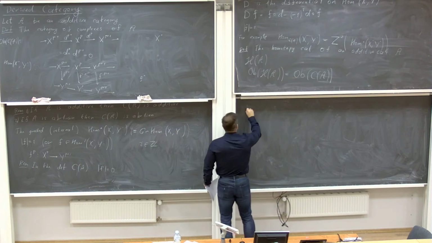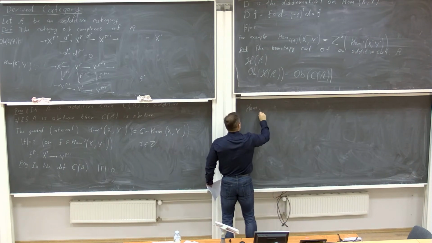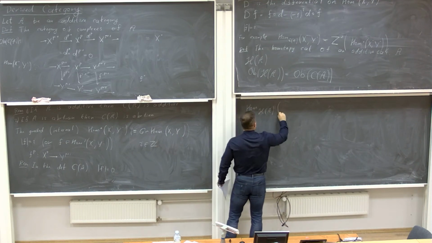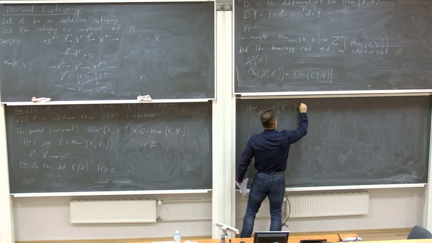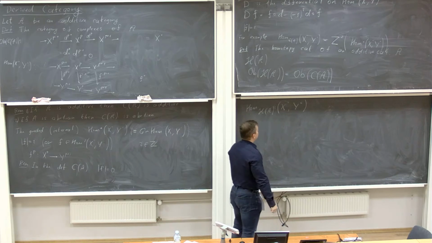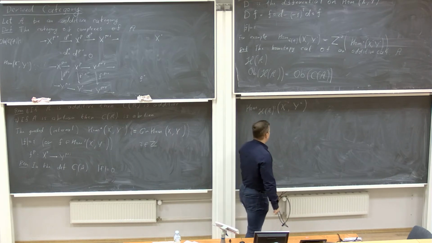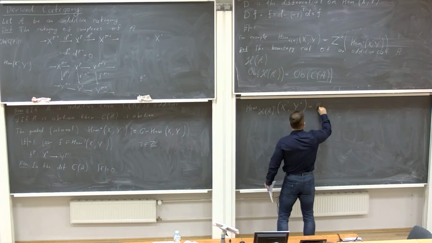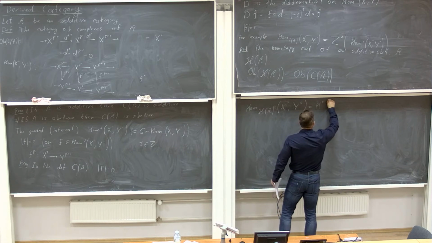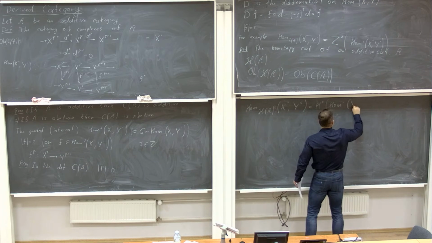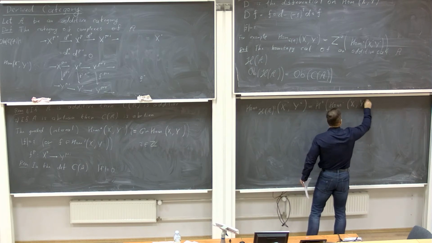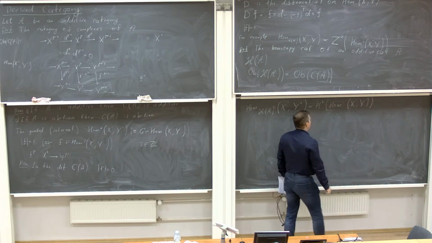But if I want to define Hom in the homotopic category, instead of taking just cycles, I take the quotients of the cycles by the boundaries. So I'm taking the zeroth homology of the graded Hom.